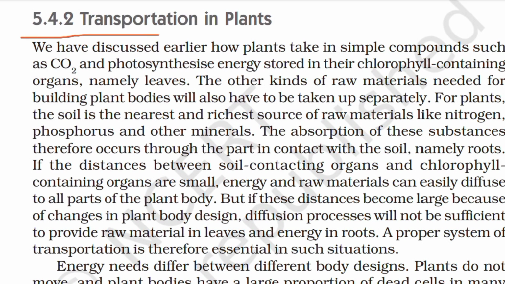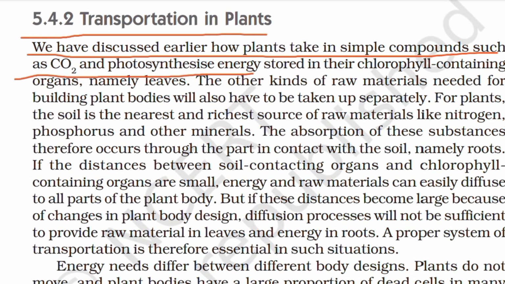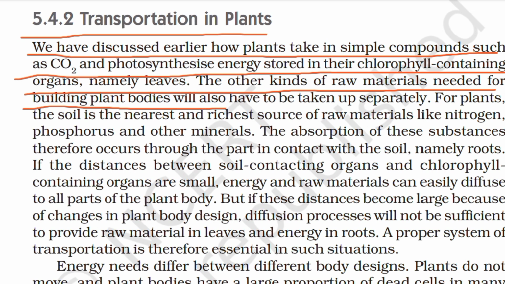5.4.2 Transportation in plants. We have discussed earlier how plants take in simple compounds such as CO2 and photosynthesize energy stored in their chlorophyll containing organs, namely leaves. The other kinds of raw material needed for building plant bodies will also have to be taken up separately.